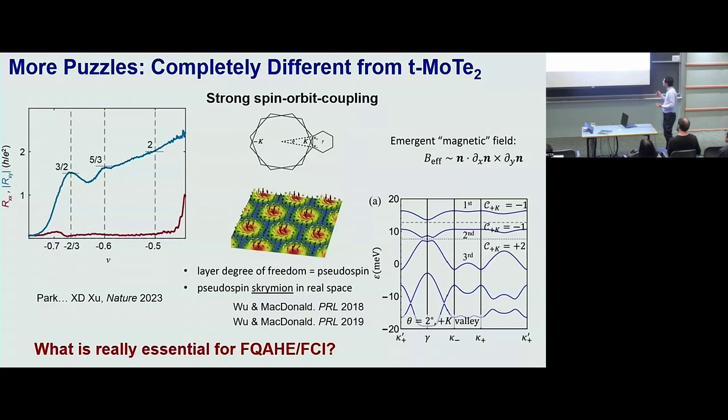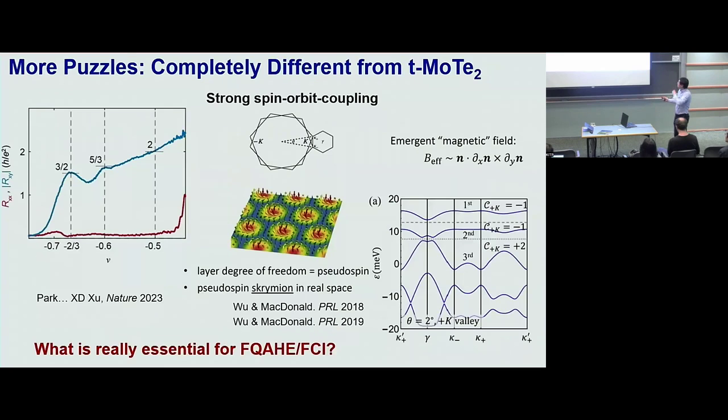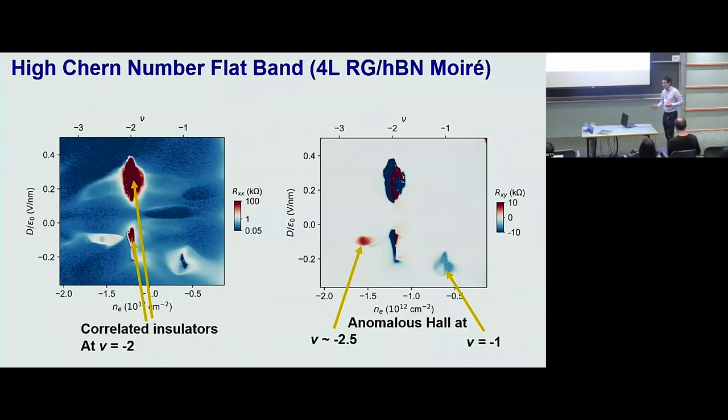Okay? So this is probably the last thing I want to show you. Everything I'm telling you so far can be thought of as a zero magnetic field version of the fractional and the integer quantum Hall effect. Well, there is an opportunity here to go beyond the Landau levels, right? You can have Chern number higher than 1 in the topological flat band. And indeed, experimentally, we have found one example of the high Chern number topological flat band.